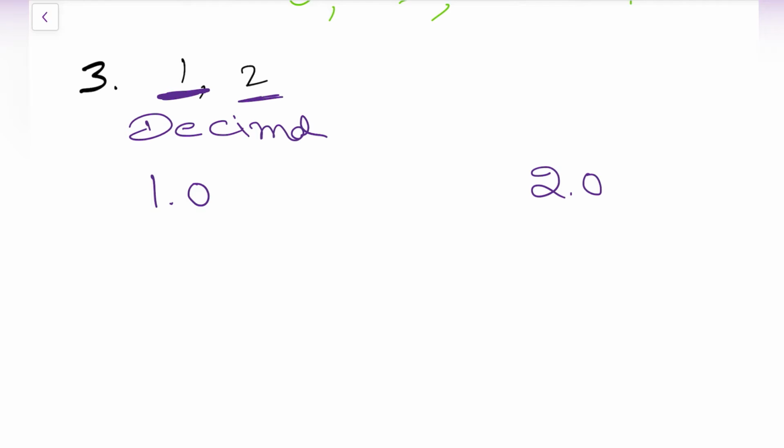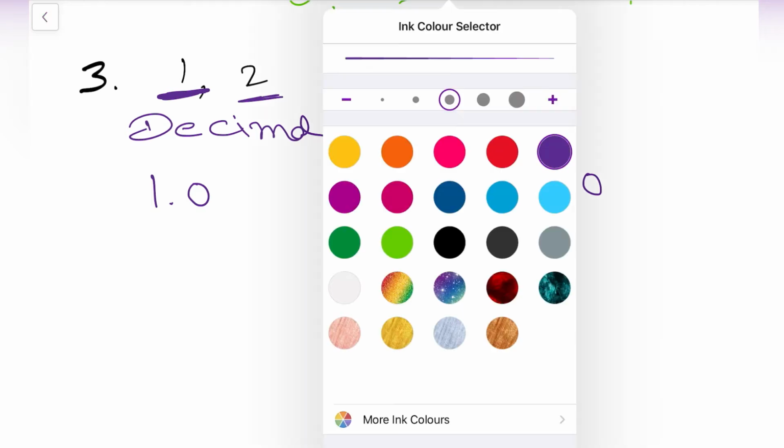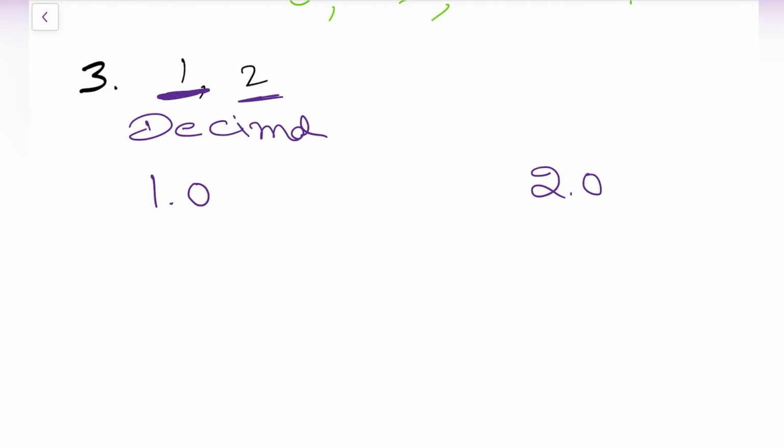Now, in between this 1.0 and 2.0, we can write as many decimals as we like: 1.1, 1.2, 1.3, 1.4, 1.5, 1.6, 1.7, 1.8, 1.9, 1.91, 1.92, 1.55, 1.45, 1.43, 1.66, like this. Infinitely many will be there. So however many you want, you can write.